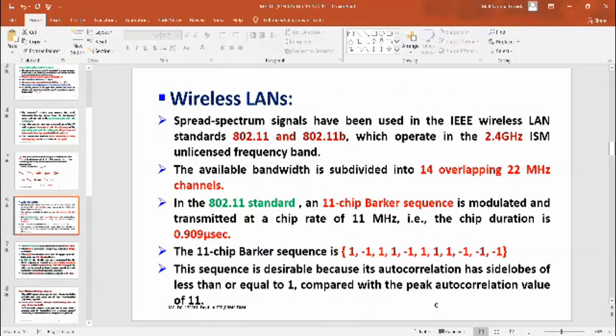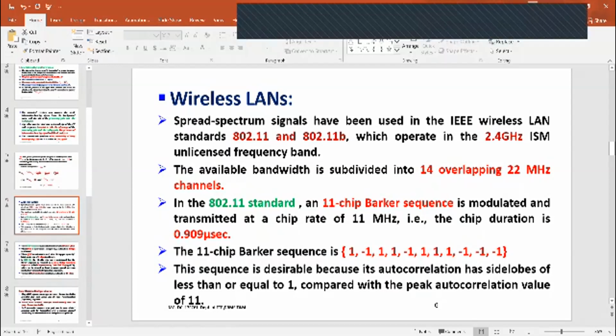I hope you have studied wired LAN in your CCN by this time. For wireless LAN, can you give any example? You're using Wi-Fi, right?